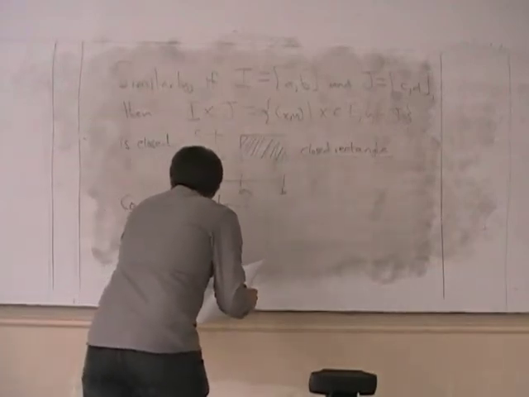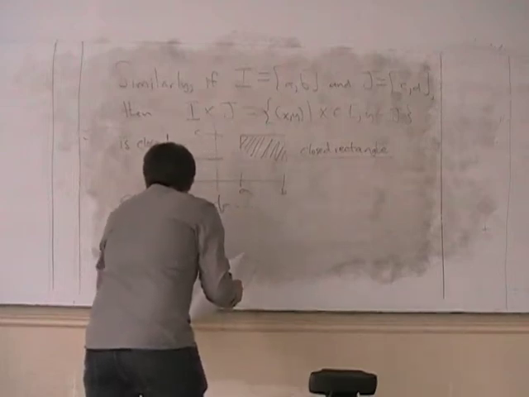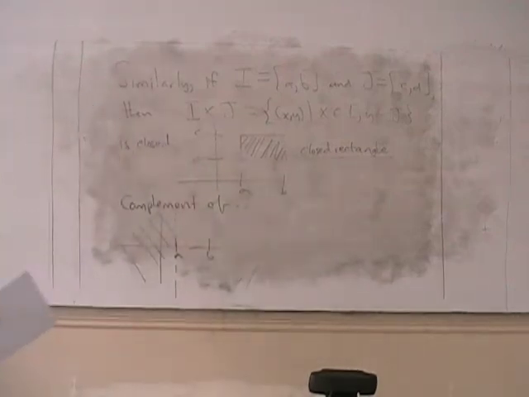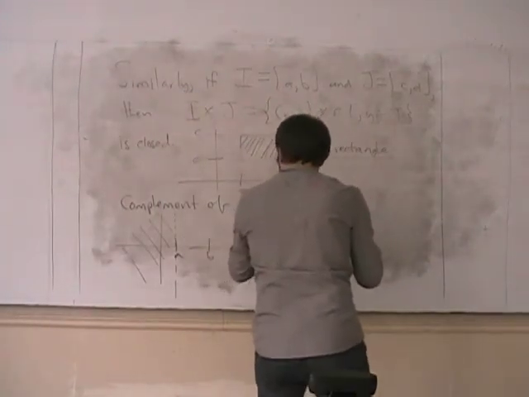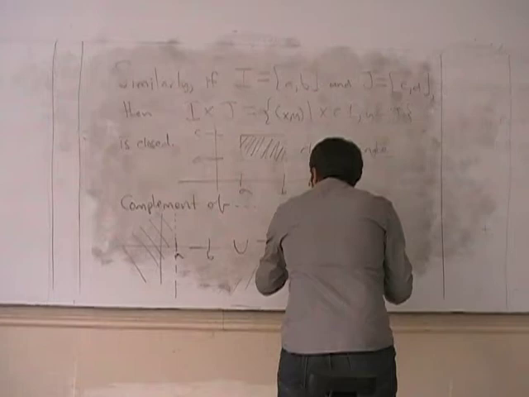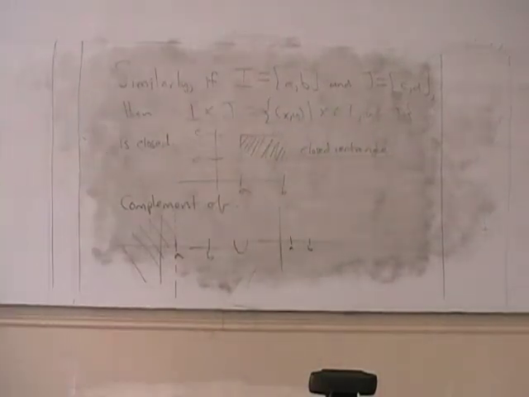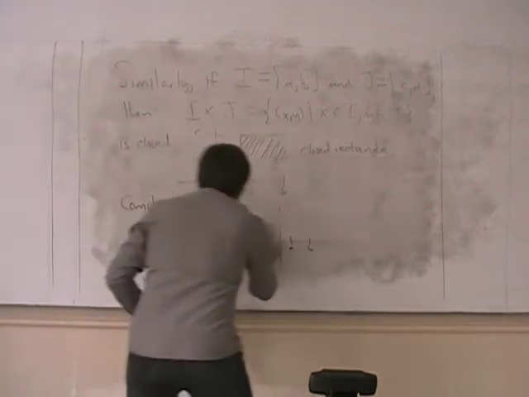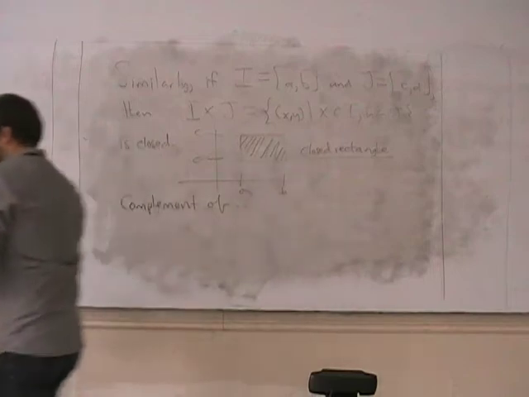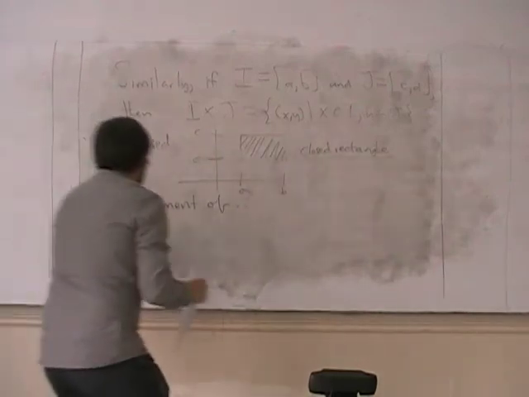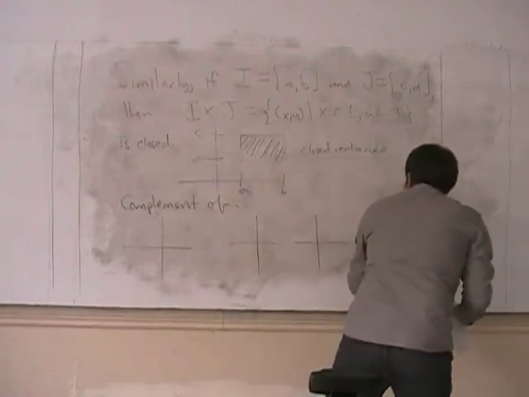So if this is A and this is B, if I take that region of the plane, union, one, two, three, four.